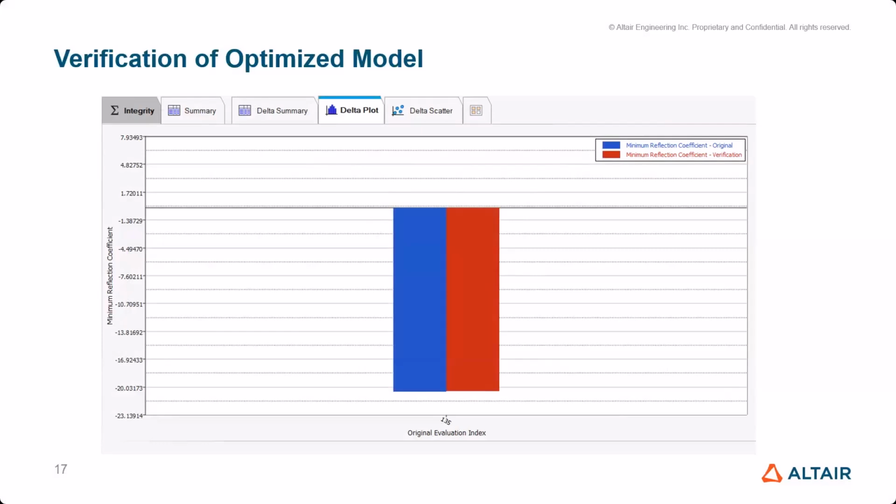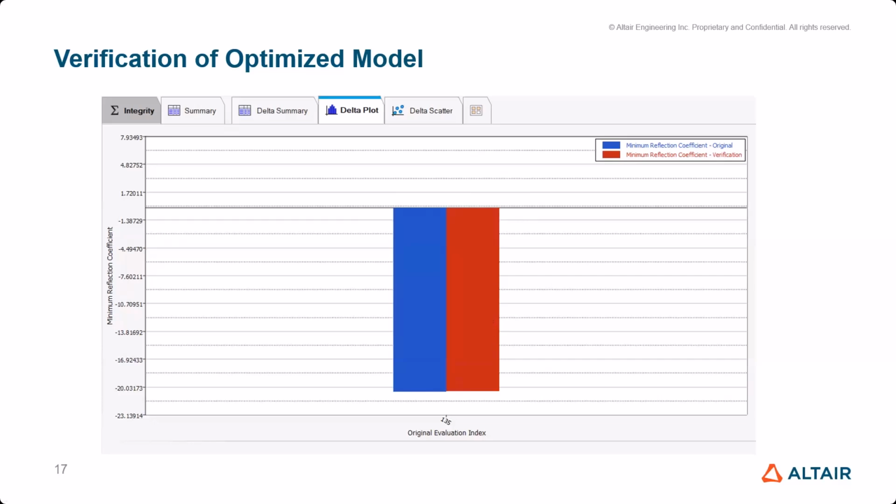In this case, you can run a verification study where HyperStudy will verify if your optimized model was as accurate as your original model. Here we ran a quick optimization, and you can see that there's hardly a difference between the two, and there's a very good correlation between our original model and the optimized model.